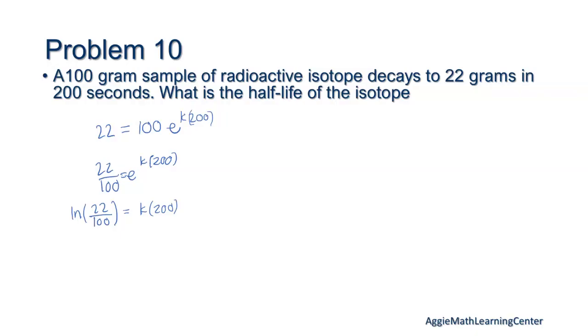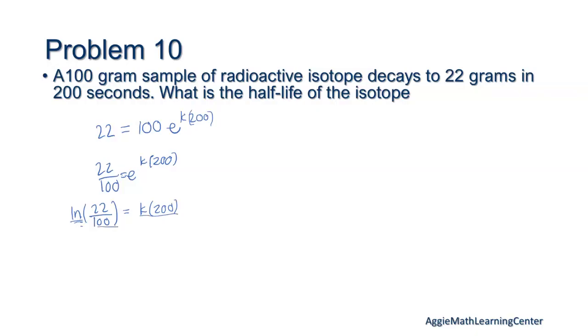I could picture this side as log base e. So e to the 200 times k is equal to 22 over 100, if you want to think of it as that kind of translation, or you can remember that the natural log and e to an exponent are inverse operations.